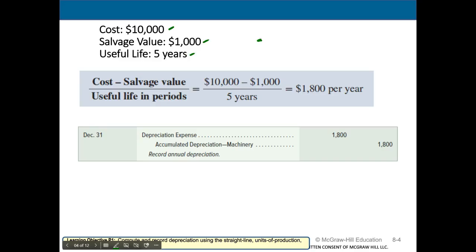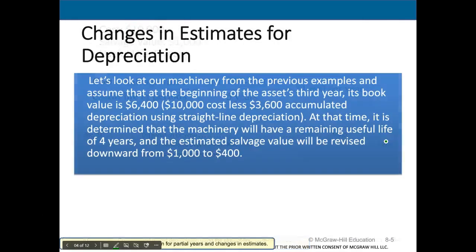Under straight line depreciation, we take cost minus salvage value, which is also the residual value, divided by useful life, and we get $1,800 of depreciation expense per year. So every year on December 31st, assuming we acquired it on January 1st, we debit depreciation expense $1,800 and credit accumulated depreciation $1,800.